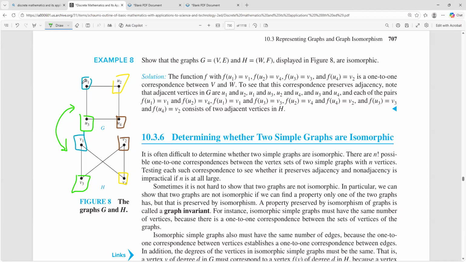You have to be able to match vertices with each other such that everything else connected to those respective vertices matches too. Does that make sense? I have to match U1 to a vertex here such that as I keep matching, I'm not going to end up with a contradiction. For example, here U1 isn't connected to brown, so if I end up with blue being connected to brown, then I know I went wrong somewhere else. Either I went wrong or they're not isomorphic.